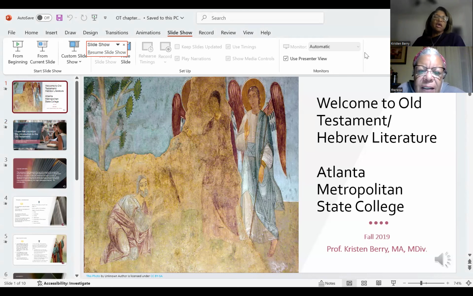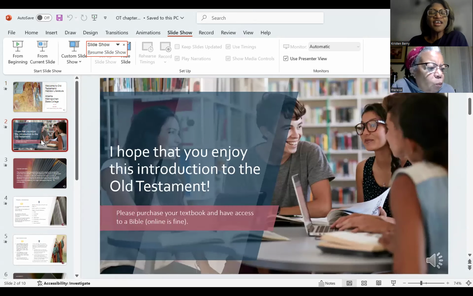Yes. I love to find really good biblical artwork about the Old Testament, and there's so much out there. So if you're an art person, I think you're going to really enjoy the artwork that I find.